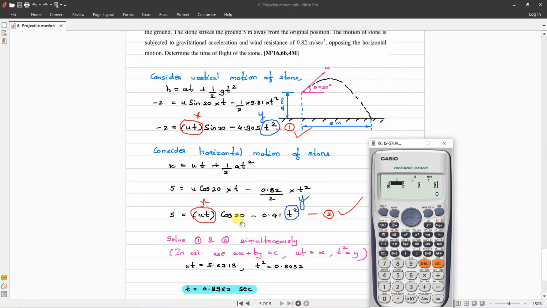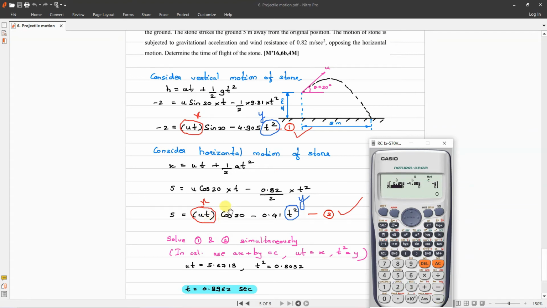Now for the a value, we will consider equation 1 first. So a value is sin 20, b value is minus 4.905, and the right hand side of this equation will be minus 2.